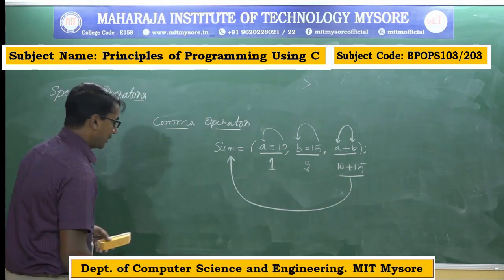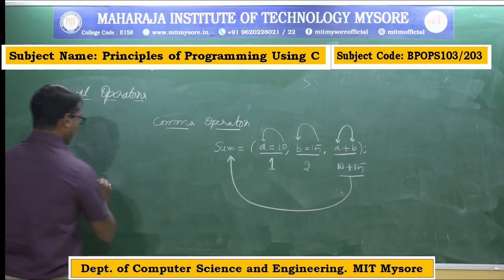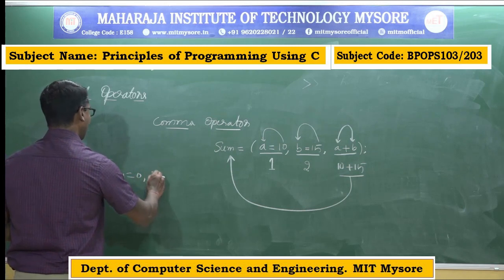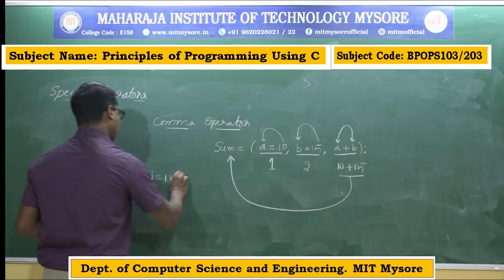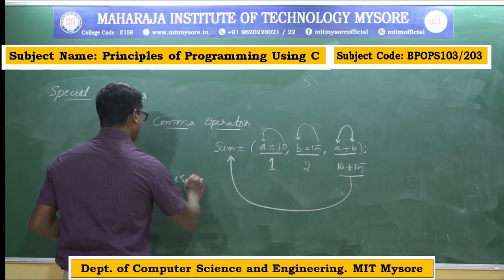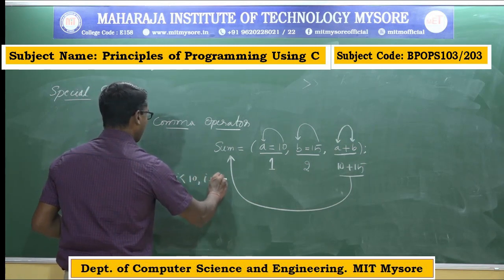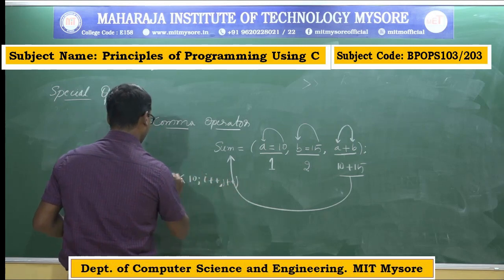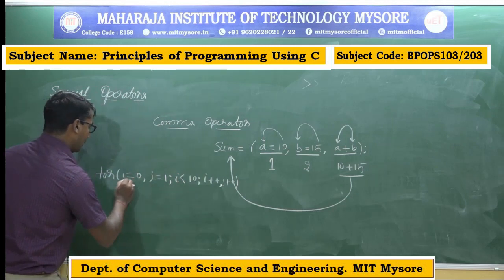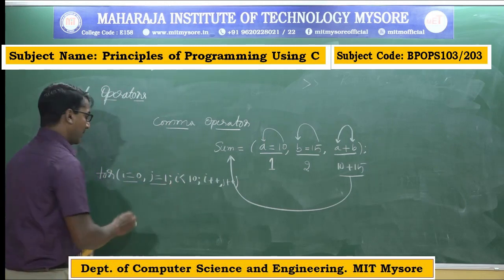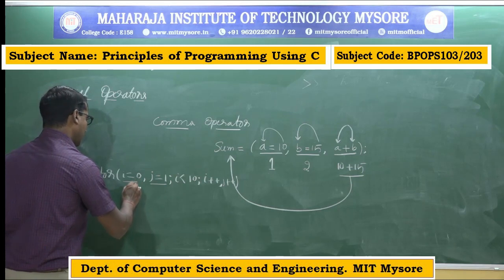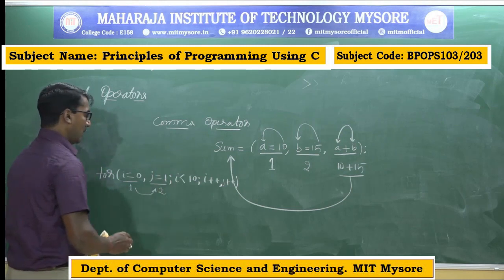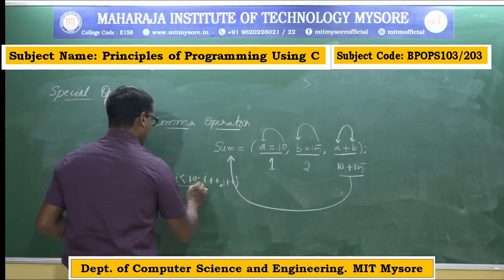The comma operator is also used in looping statements. Example, for i is equal to 0, comma, j is equal to 1; i less than 10; i plus plus, comma, j plus plus. Here these two expressions are evaluated: first i is equal to 0 is performed, later j is equal to 1. Then the condition will be evaluated.